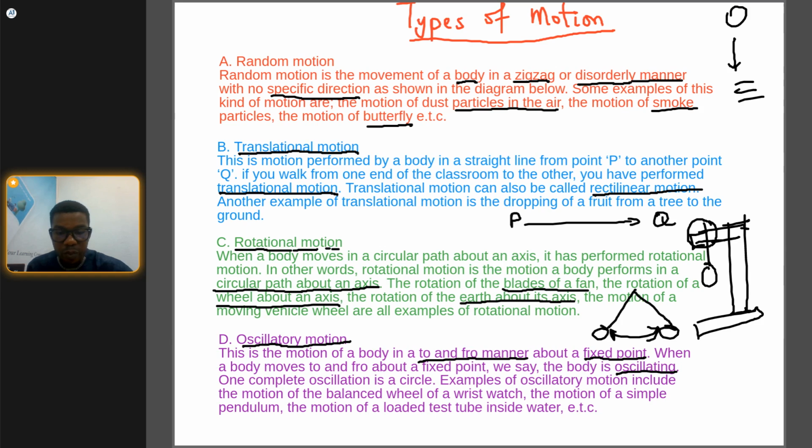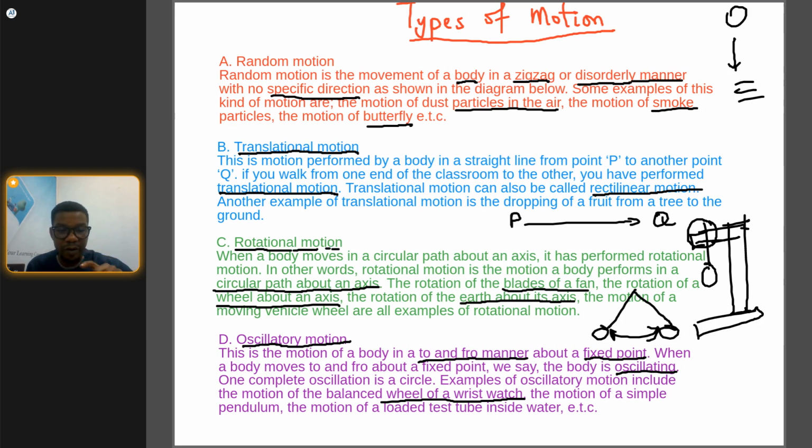Examples of oscillatory motion include the motion of a balance wheel of a wrist watch. If you notice, our watch has three particular indicators, the ones that indicate the seconds, the minutes, and the hours.